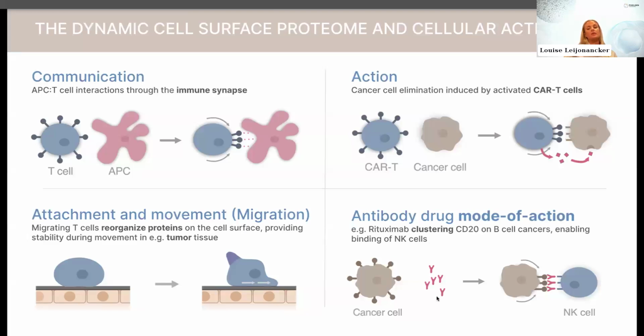What you see here in pink is rituximab that binds to CD20 on B-cell cancers, and that clusters them or polarizes them to one end, which makes it possible for NK cells to bind, and NK cells will then initiate the ADCC pathway that ultimately leads to cancer cell killing. So those are some examples of where it's crucial to understand both the spatial function, but also the cell surface proteins.